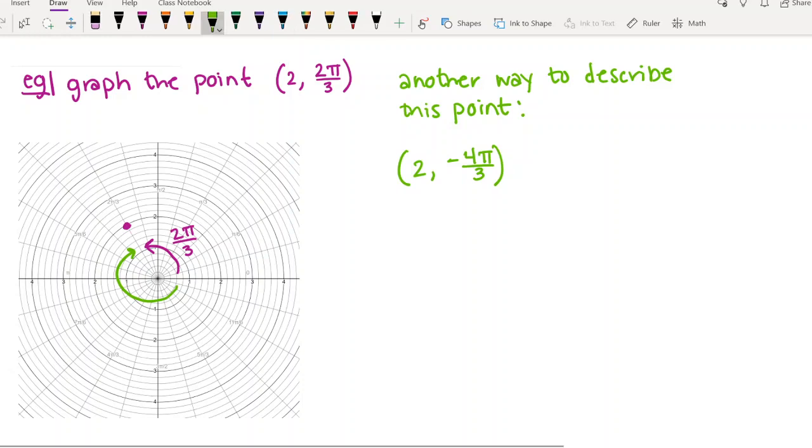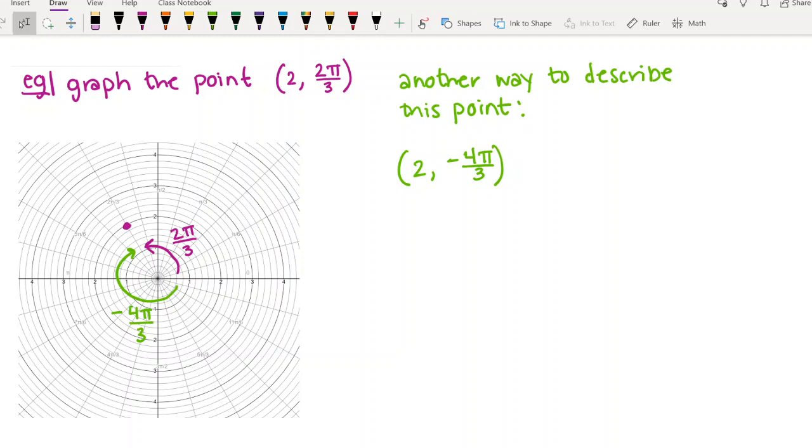And let me write down that angle here. So what am I saying with this example? I'm saying that if you leave the radius the same and you just replace the angle with a different coterminal angle, it's going to be the same point, right? Because coterminal angles point in the same direction. It doesn't really matter how you got there.